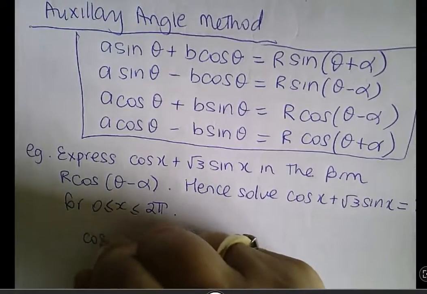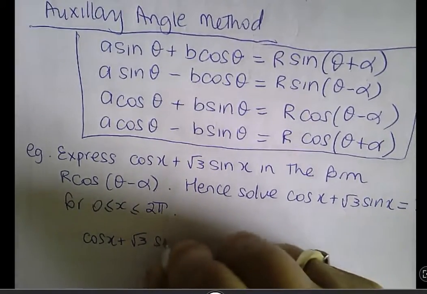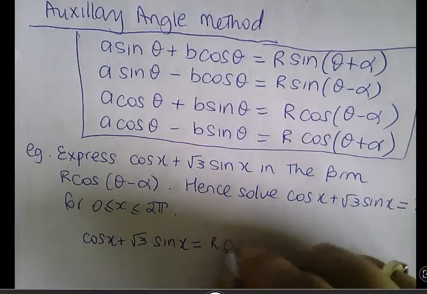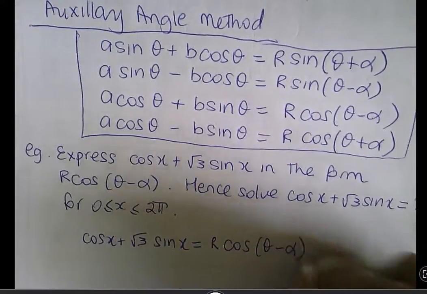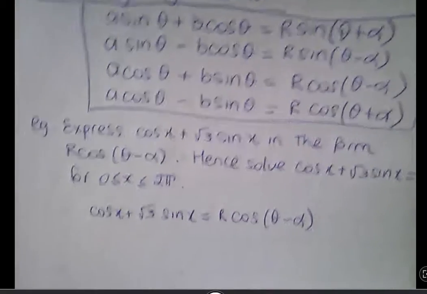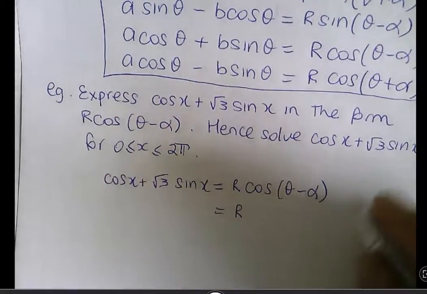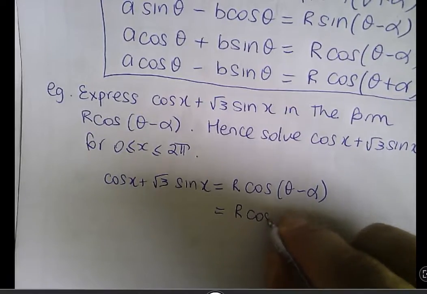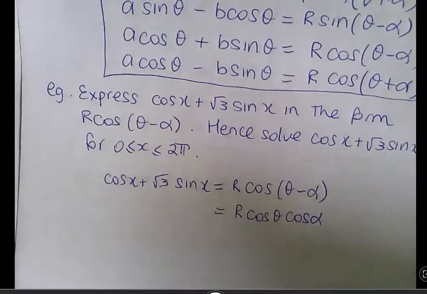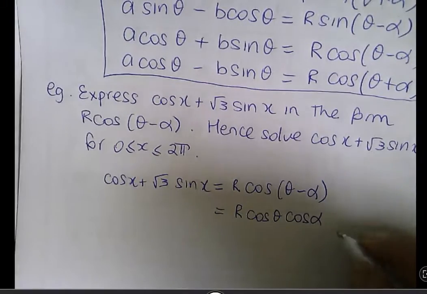Okay, so I've got cos x plus root 3 sine x equals r cos theta minus alpha. Do you remember? You expand the right-hand side and you get r cos theta cos alpha plus or minus. Sine is keep the sign the same.